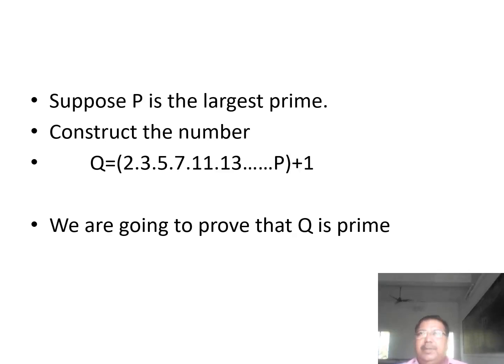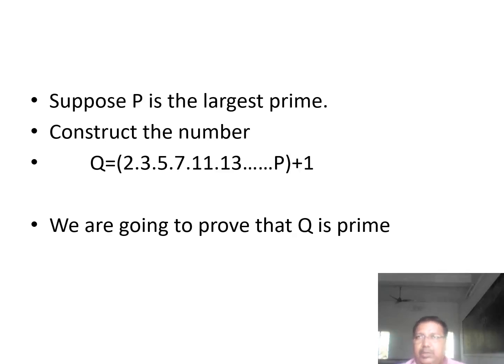Now using this number, I am going to construct another number capital Q, which is the product of these prime numbers, that is 2, 3, 5, 7, 11, 13, 17, etc. up to the largest prime number capital P, plus 1.